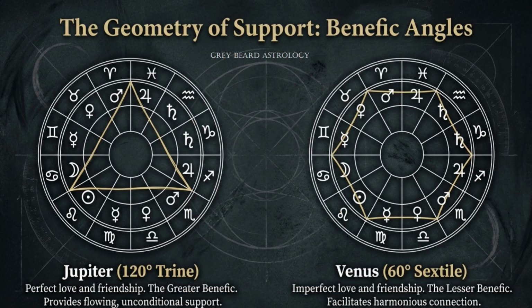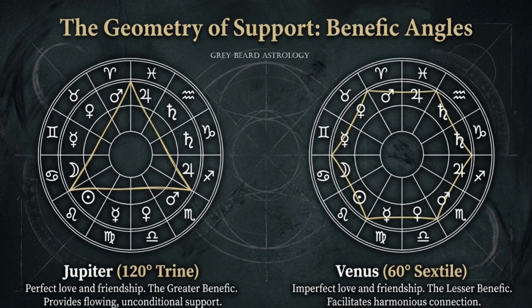So we also have the geometry of the benefic angles. You'll see that Jupiter is associated with the 120-degree trine. It's not very well illustrated here, but you can see that the moon makes a trine aspect to Jupiter in the Thema Mundi. The sun makes a trine aspect to Jupiter in Sagittarius. So the 120-degree aspect was referred to as perfect love and perfect friendship.